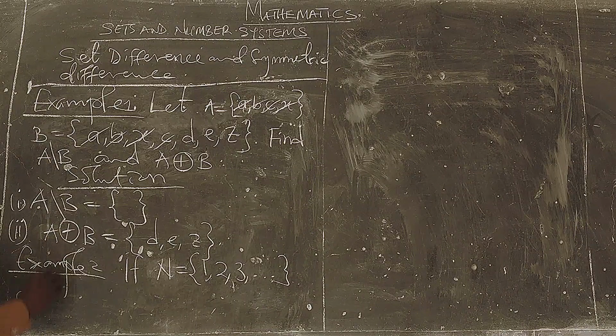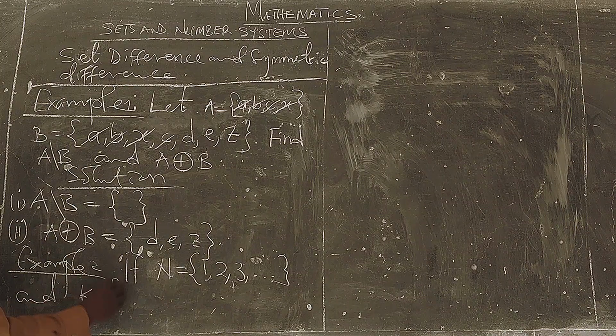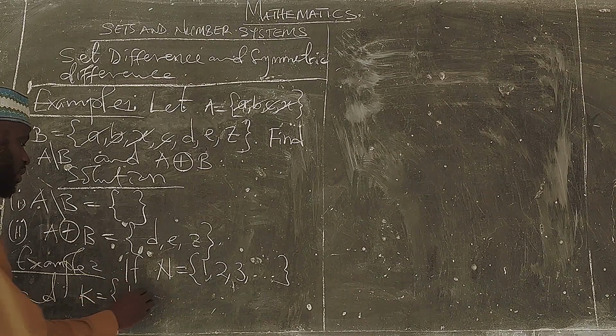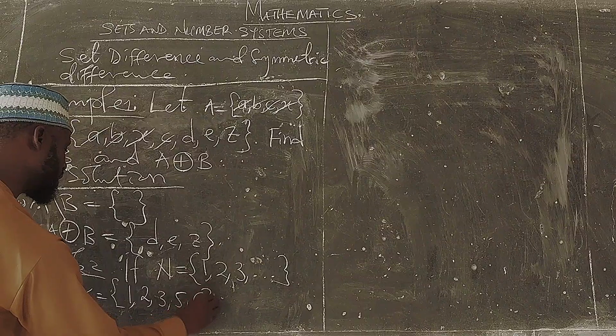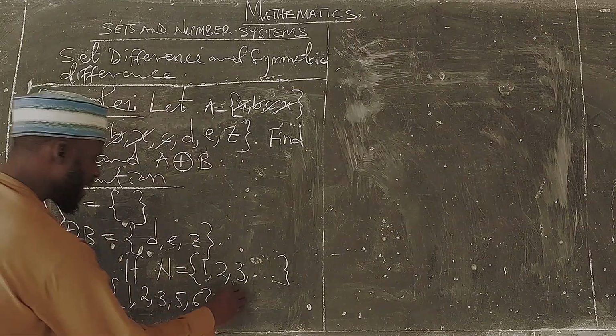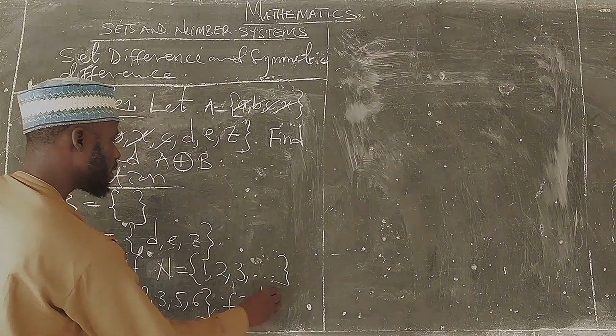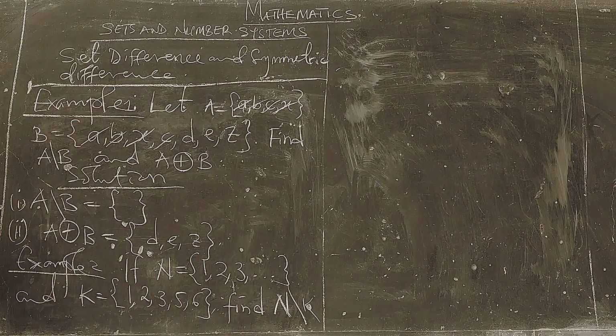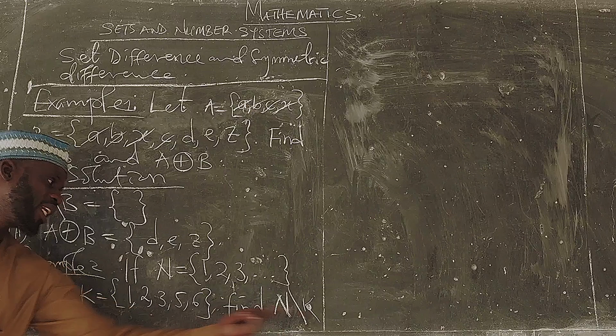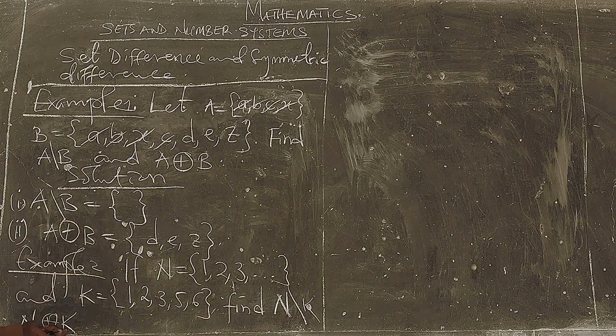And let K be some set containing 1, 2, 3, 5, 6. Find N set minus K, and then the symmetric difference of N and K. So this is the relative difference between N and K, and this is the symmetric difference of N and K.